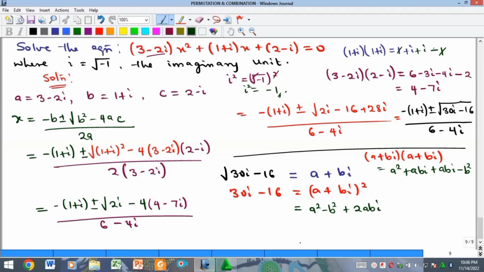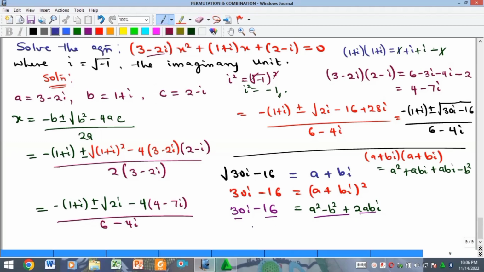Okay, and on the left hand side, we will have 30i minus 16. So we're going to compare both sides now. The constant should be equal to the constant, and then the coefficient of i on the left hand side should be equal to the coefficient of i. So by the time we do that, we are going to generate two equations that we will solve.